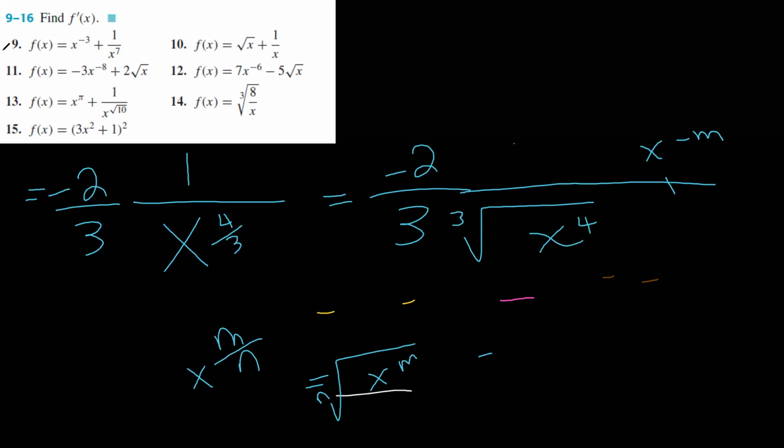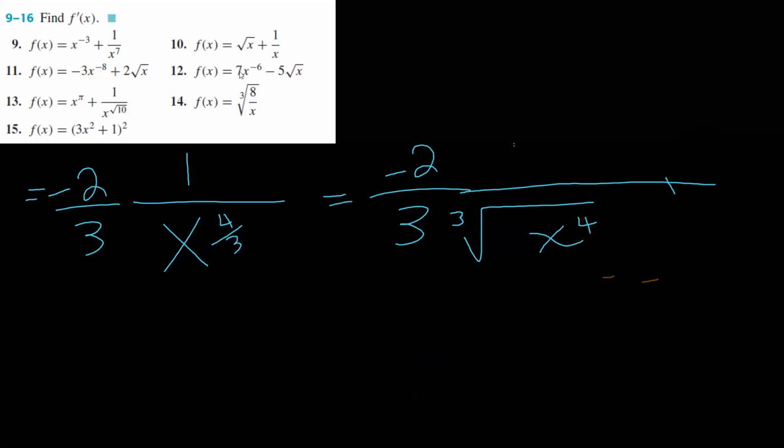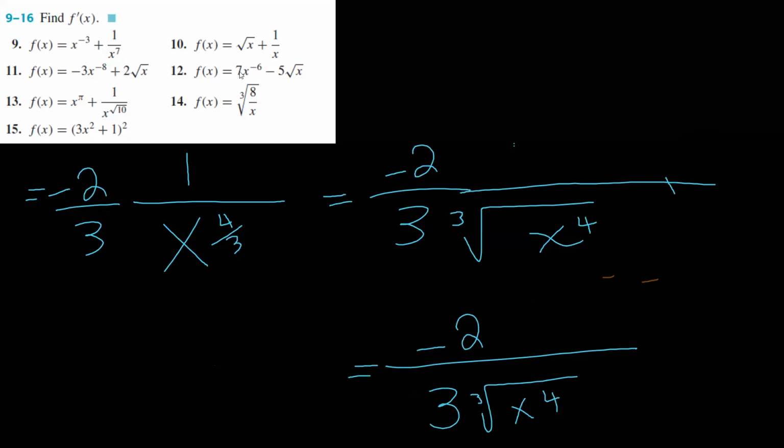So the answer here is negative 2 over 3 cubic root of x raised to the power 4. This is the derivative of number 14. Is it clear now? Yes, teacher. Okay.